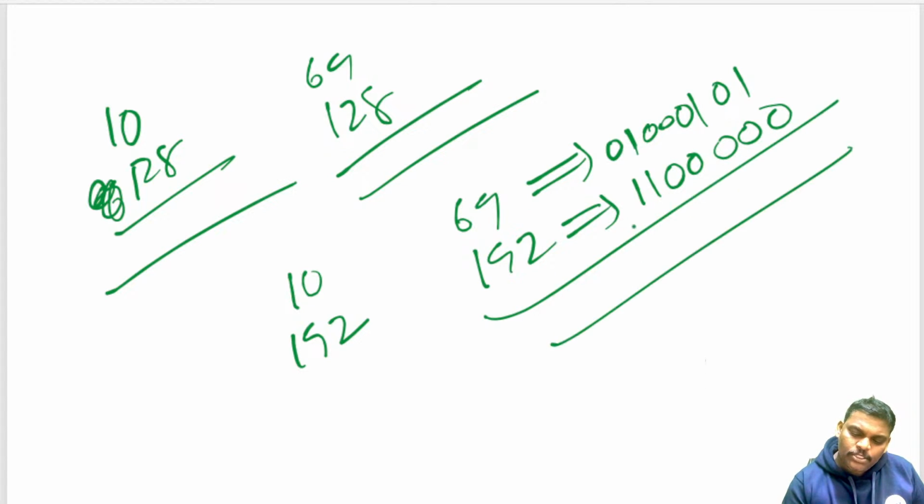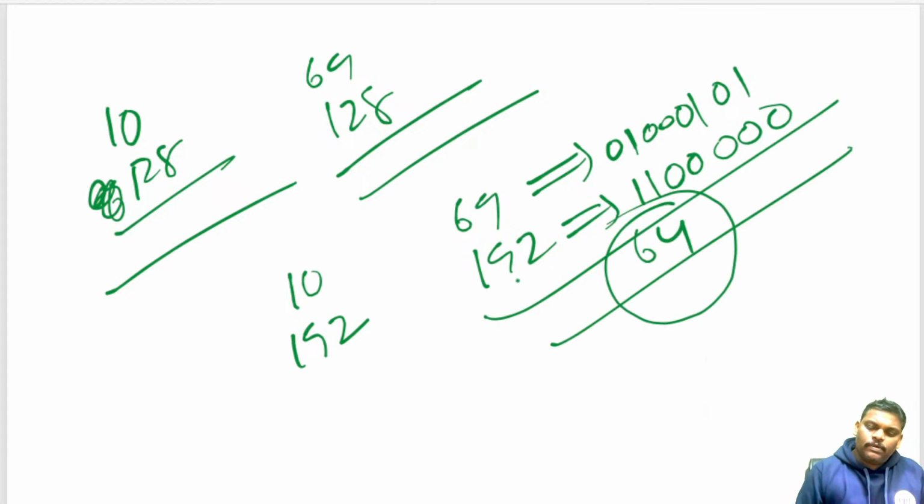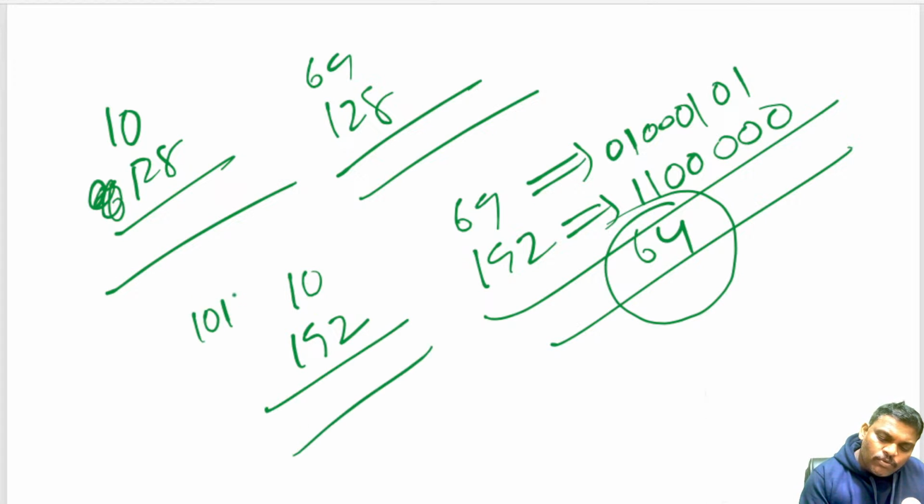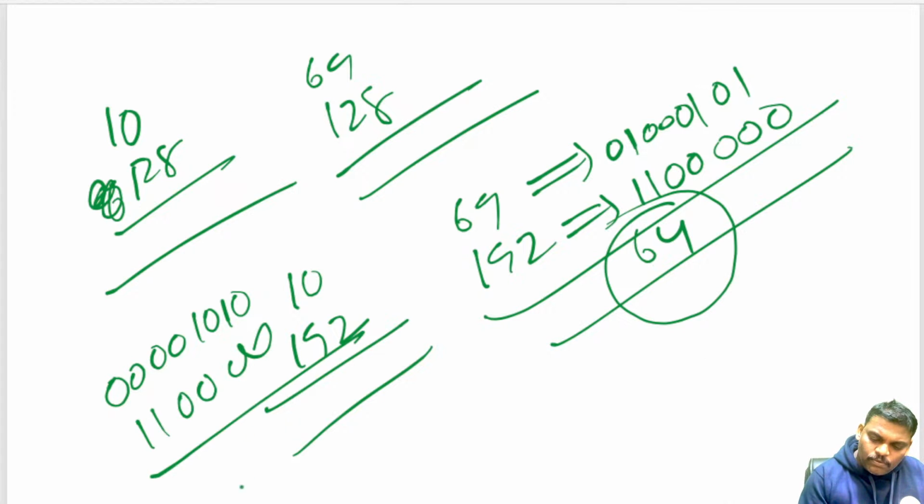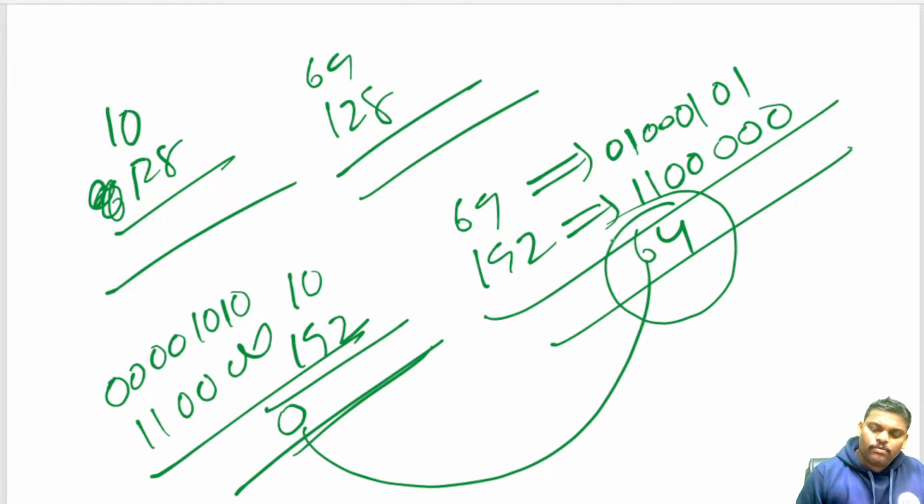If you do the AND operation, I think 64. What about this one? 10 is 1010 and 192, so it is 0. What about this one? 0. What about this one? 0.